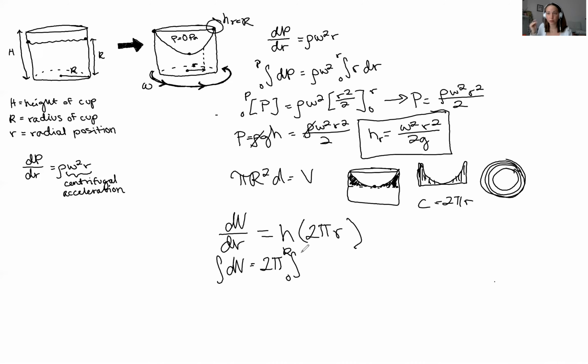And we want to do that from 0 to the total radius of the cup. And then we can use our equation from up here and sub that in for h.